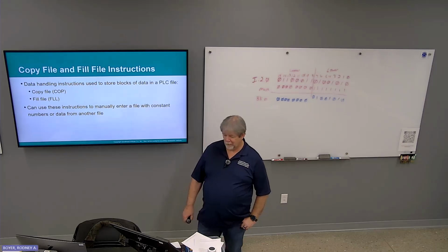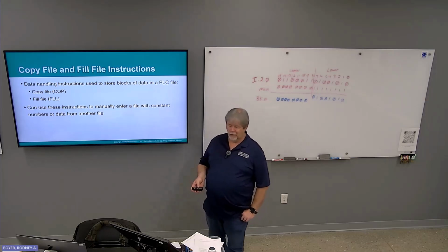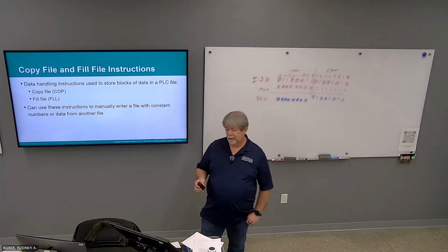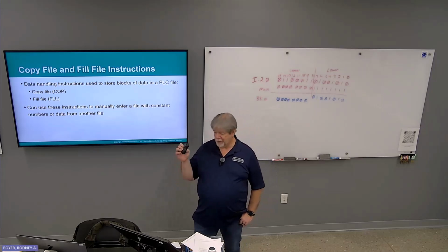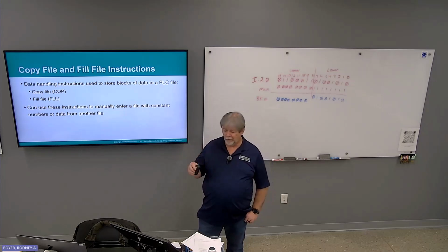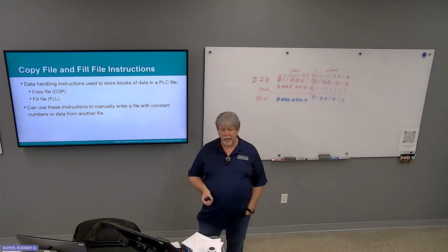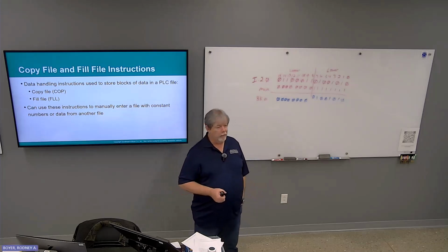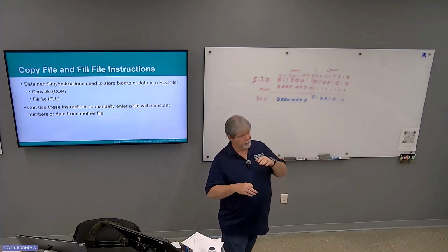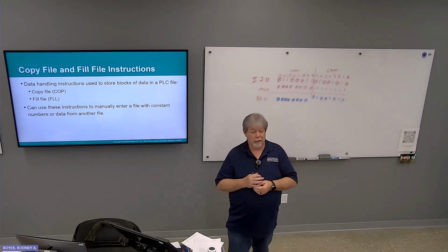Copy file and file fill. Data handling instructions are used to store blocks of data in PLC file, copy file, or copy and fill file. And use these instructions to manually enter a file with constant numbers or data from another file. So if you want to copy from one file to another, the beauty of copy file is you can tell it that you want to copy the first 6 words out of one file to the next, and it'll do it.